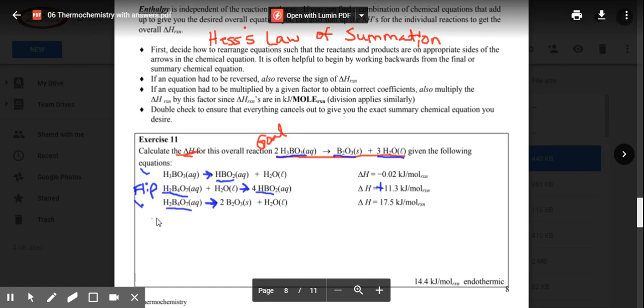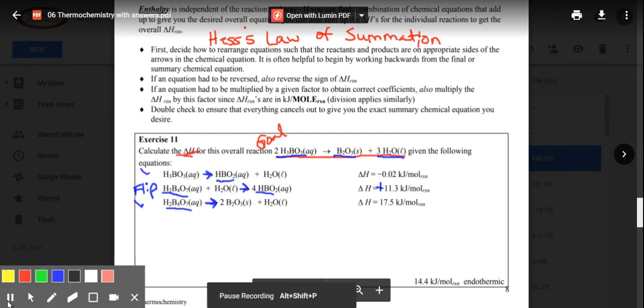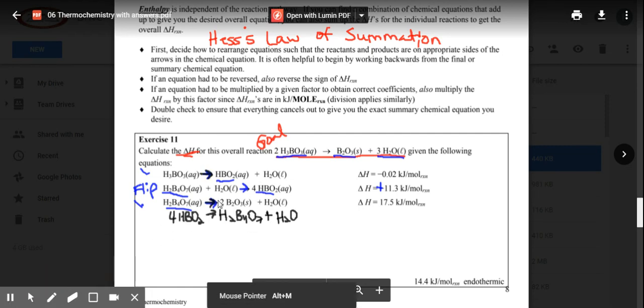Now, to make things simplistic, I'm just going to rewrite this flipped equation down at the bottom. So you see how I rewrote this middle equation down at the bottom, and I'm just going to mark this out so now I can see what crosses out easier.